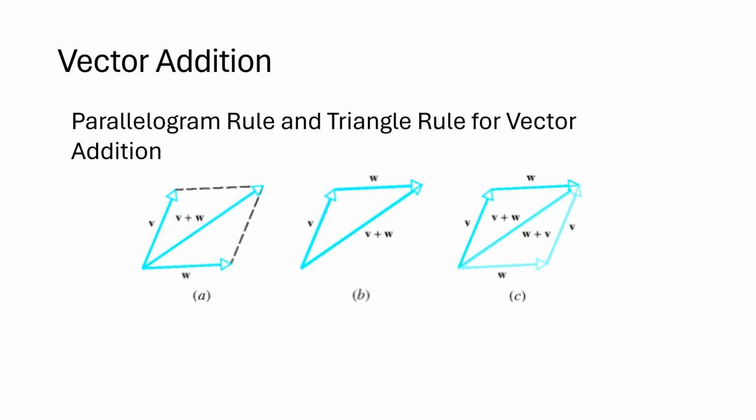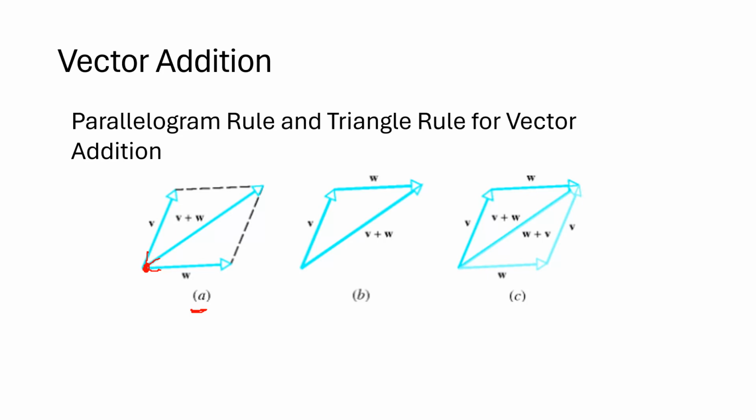So this is the parallelogram rule. In figure A, you have the initial point of vector v and the initial point of vector w, and then you have vector v plus vector w.